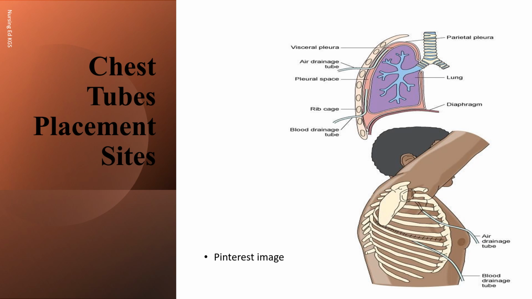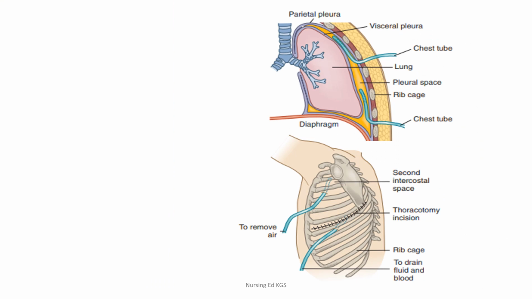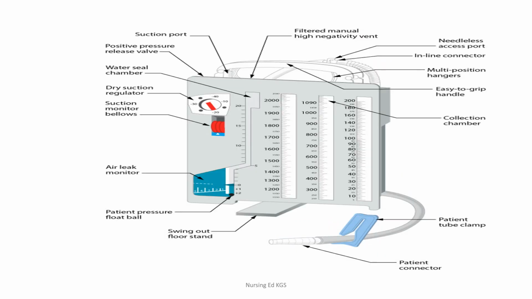These will only be in for 48 to 72 hours unless there is more drainage than usual or there continues to be active bleeding. This is another diagram that shows the different placement sites for chest tubes. We'll always follow our hospital's policy and the manufacturer's directions whenever we're setting up, monitoring, or using chest tube drainage systems.